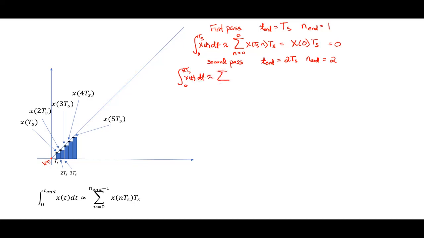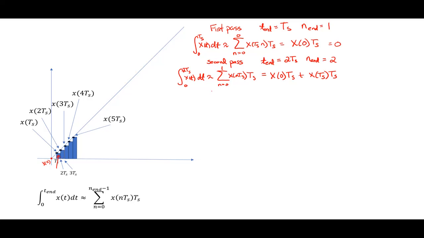That's approximately the same as the sum from n equal to 0 to 1 of x of n t sub s times t sub s, which is the area under the first rectangle, which we said was basically 0, plus now the area under the next rectangle. So we've added in this rectangle right here.